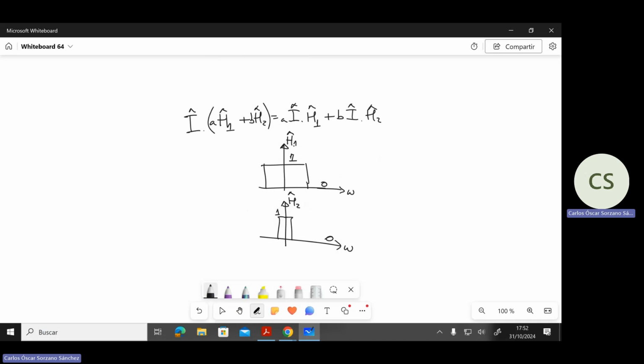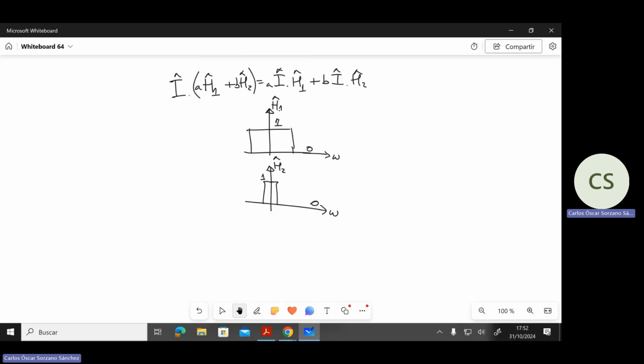Now we put a equal 1, b equal minus 1. So we will be subtracting this one from this one, and this is what we get.